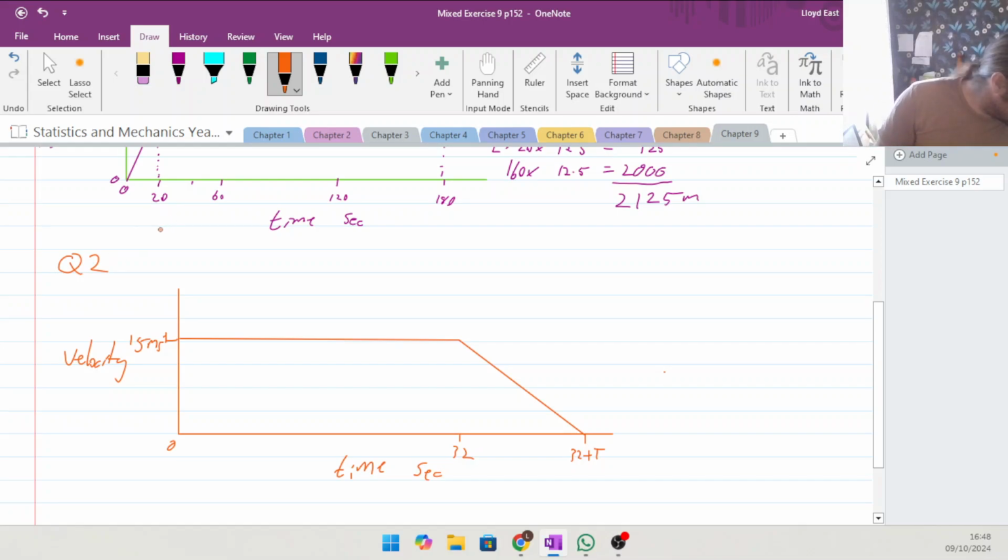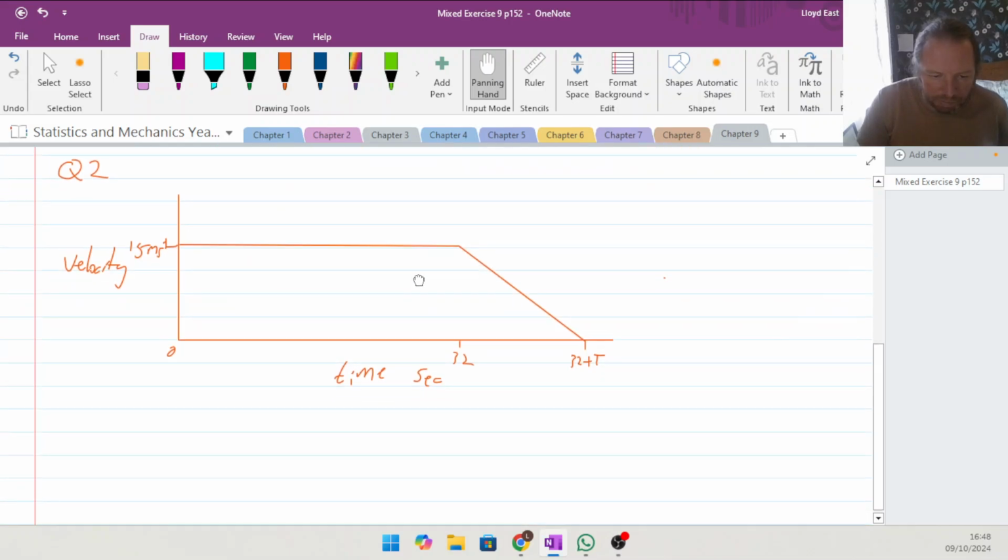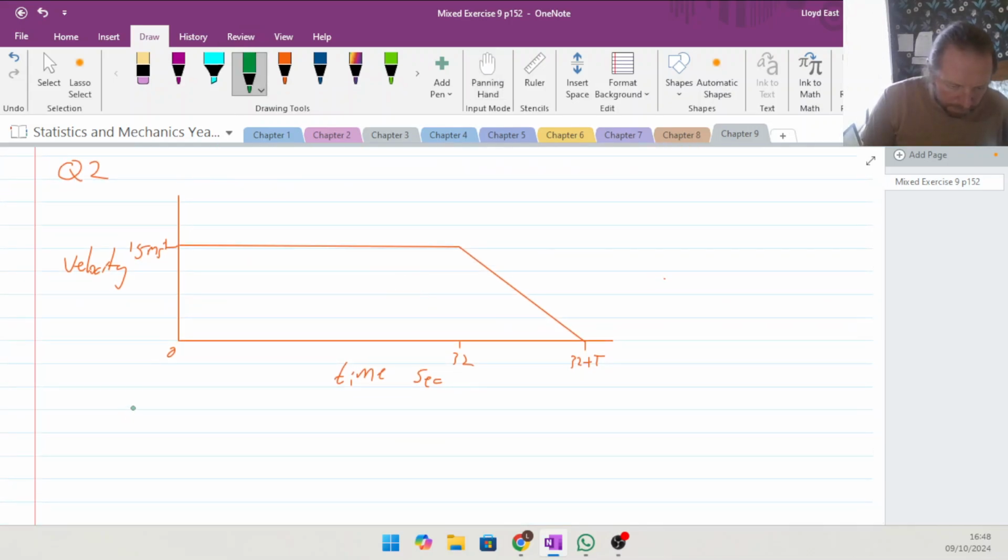Part B. The total distance travelled by the particle is 570 meters. Find the value of t. So the distance is equal to the area underneath the graph.